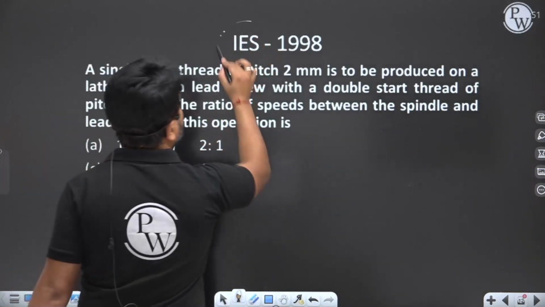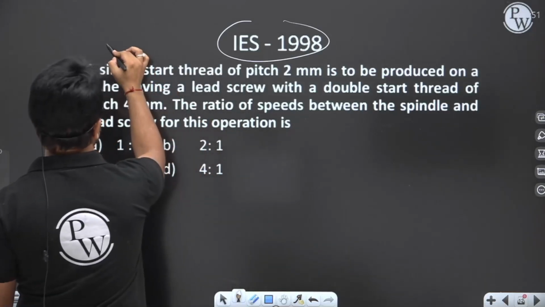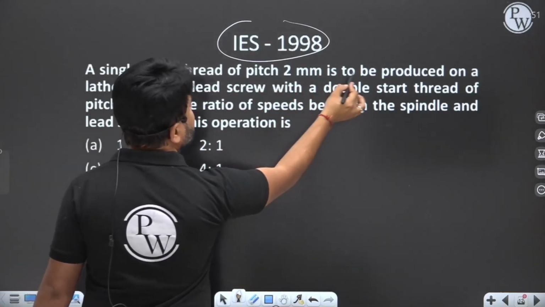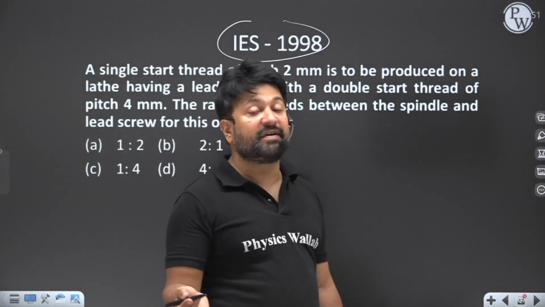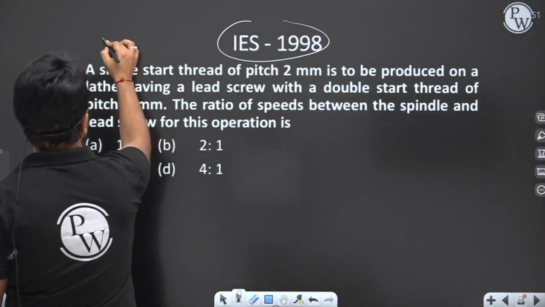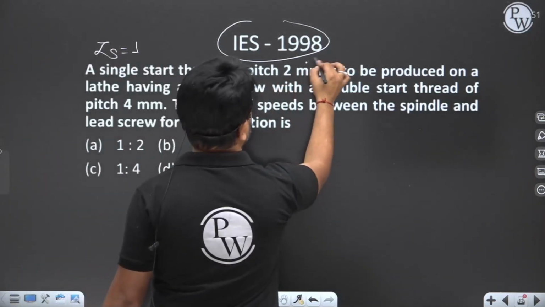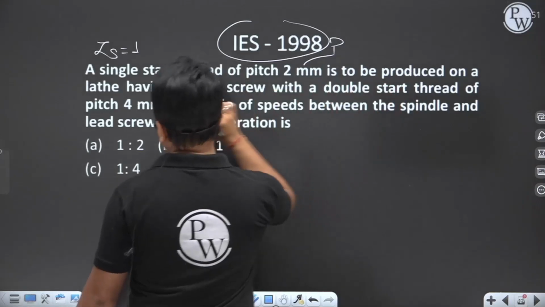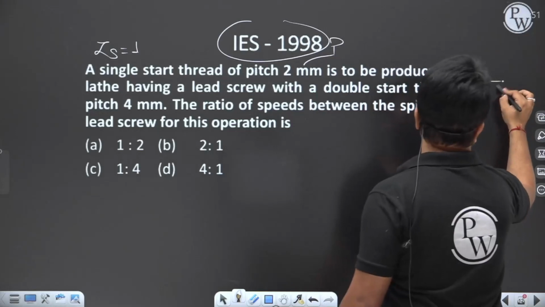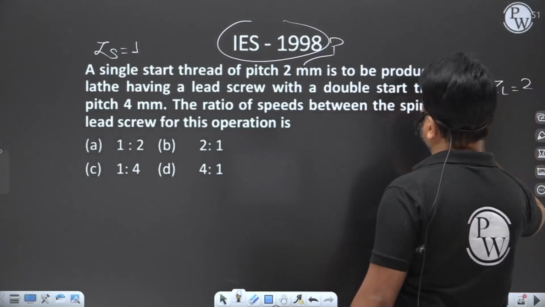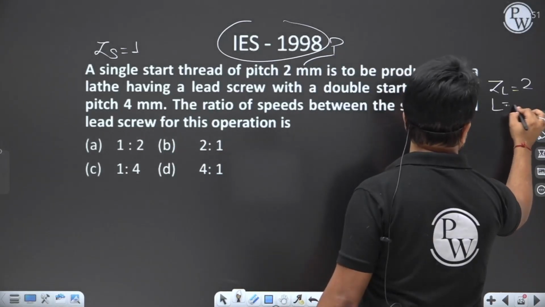Now, this type of question may be asked in your GATE exam. A single start thread of pitch 2 mm is to be produced on the workpiece. So single start means ZS equal to 1, and pitch is 2 mm, to be produced on a lathe having a lead screw with a double start, that is ZL equal to 2, and a lead screw pitch of 4 mm, that is L equal to 4.